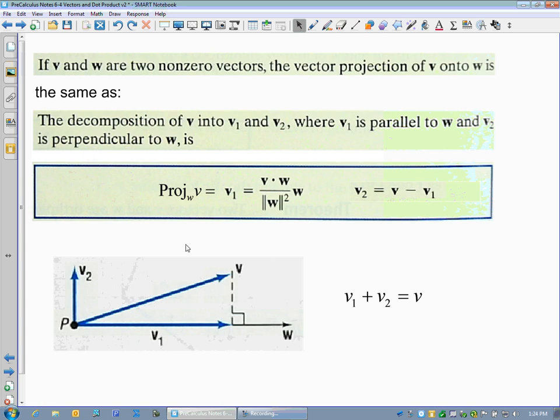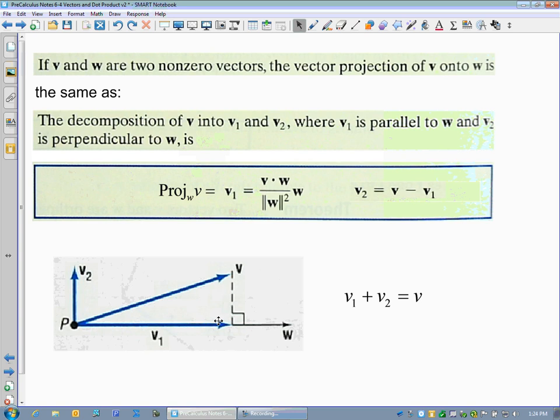So in our diagram here, vector v is the one going up diagonally, and vector w is the one going along horizontally. Well, if we drop a perpendicular from the terminal point of v to the line that contains w, then this shadow, so to speak, if you had a light bulb on the top, this would be the shadow.